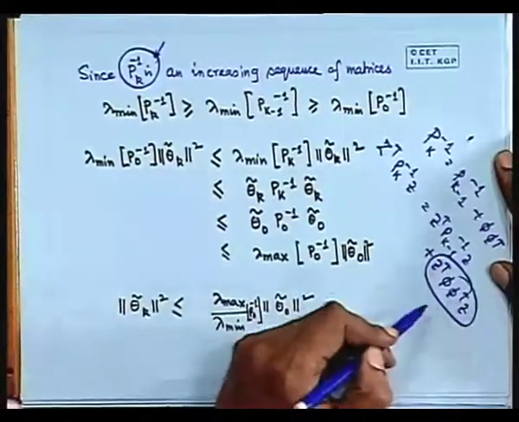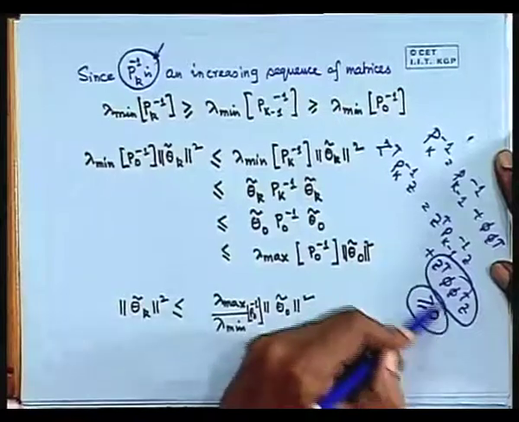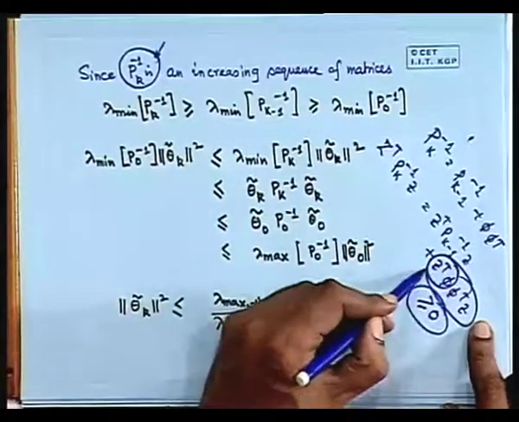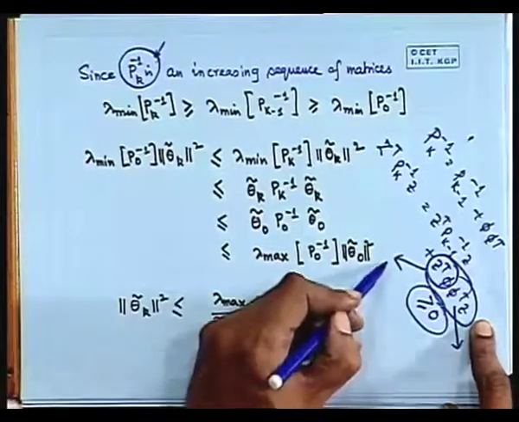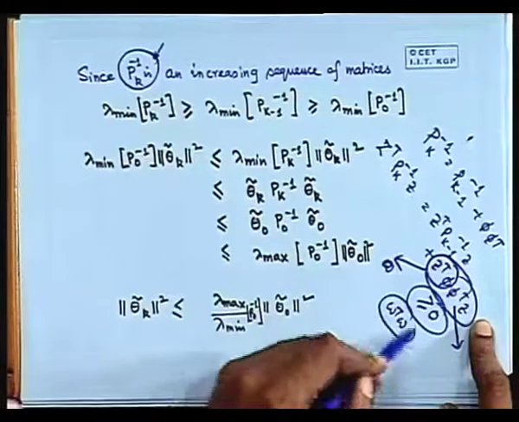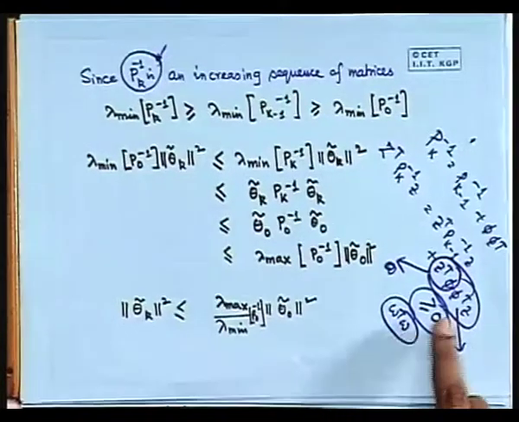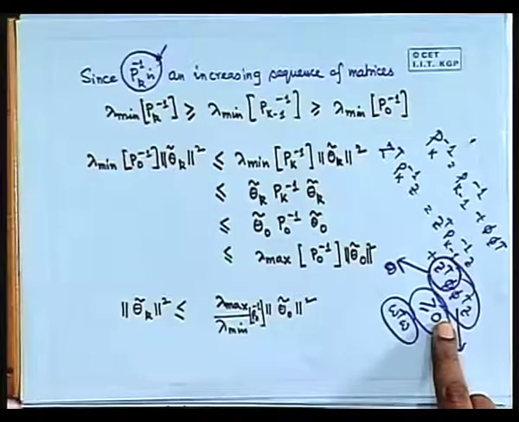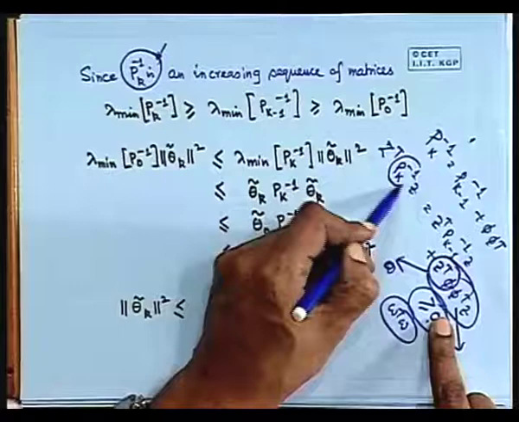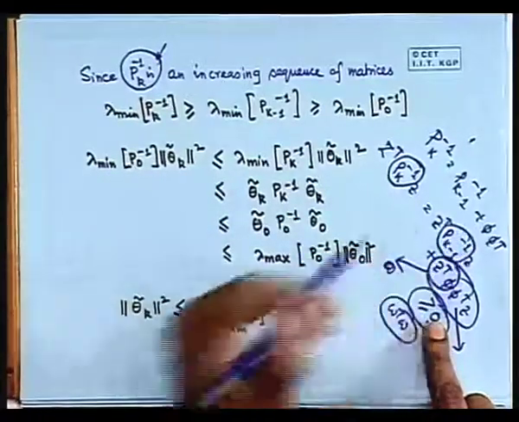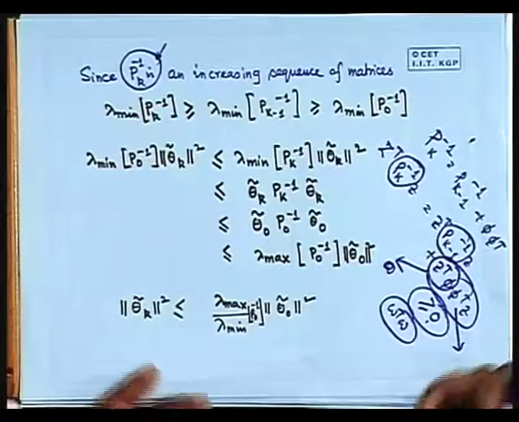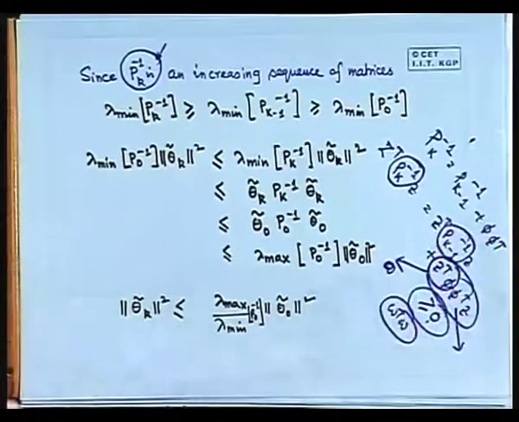Now this can only be greater than or equal to 0, because if you call z transpose phi equal to w, then it is like w transpose w. So it cannot be less than 0. It must be greater than or equal to 0. Which means that this is a more positive definite matrix than this. Correct? So in that sense, pk inverse keeps on increasing.